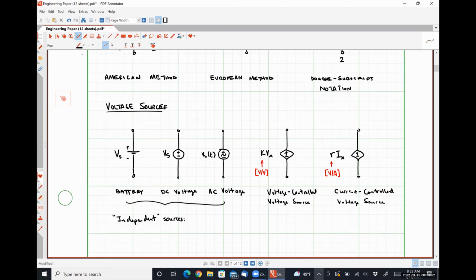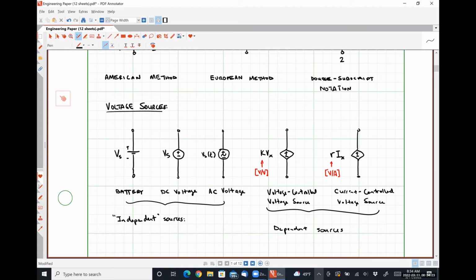These two on the right represent dependent sources. As I stated previously, all that means is that the voltage that's being supplied by these sources depends on either a voltage or current elsewhere in the circuit.